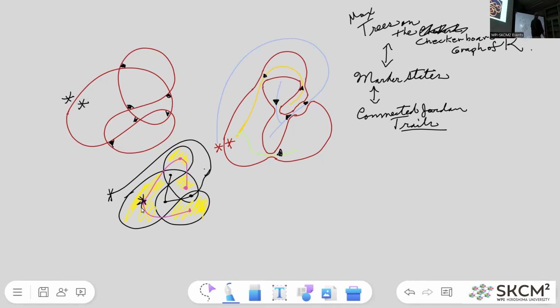So that says that the trees on the checkerboard graph are in one-to-one correspondence with our states, and the Jordan trails are in one-to-one correspondence with our states, which are in one-to-one correspondence with the terms in Alexander's determinant. But you see, that tells you that some value for evaluating this polynomial is going to count the number of trees.